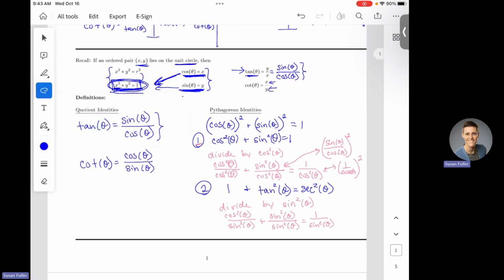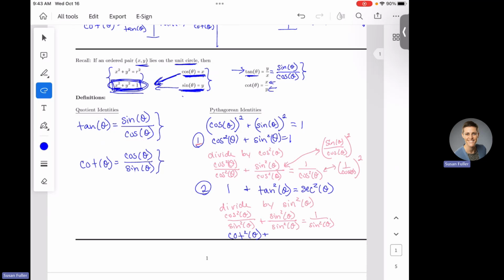And now the last thing that we have to do is simplify. Cosine squared over sine squared is cosine over sine, that whole thing squared. Cosine of theta divided by sine of theta is cotangent, so this is cotangent squared of theta.